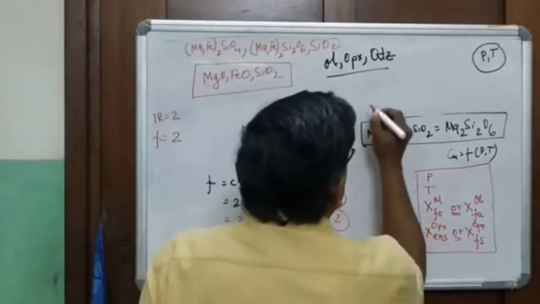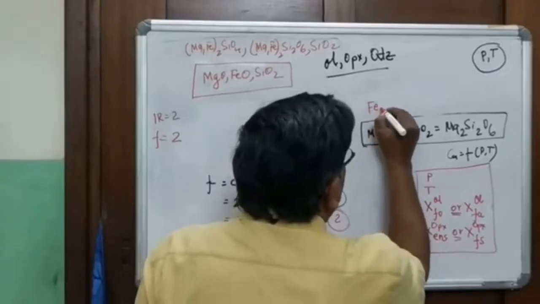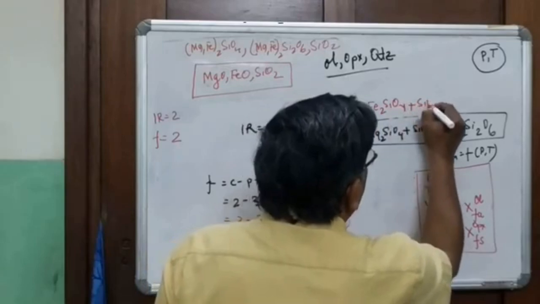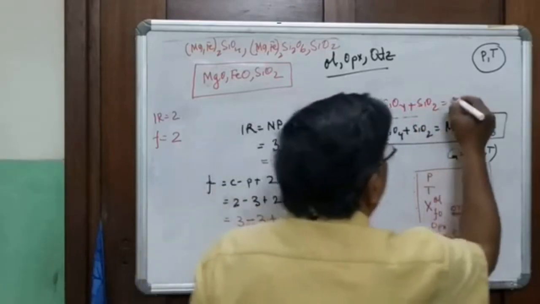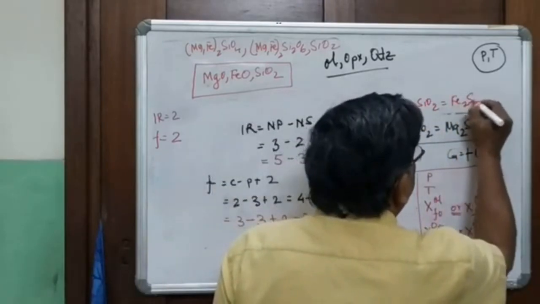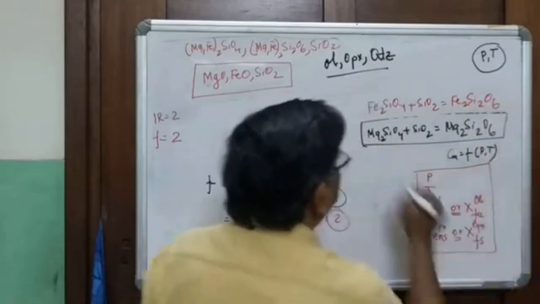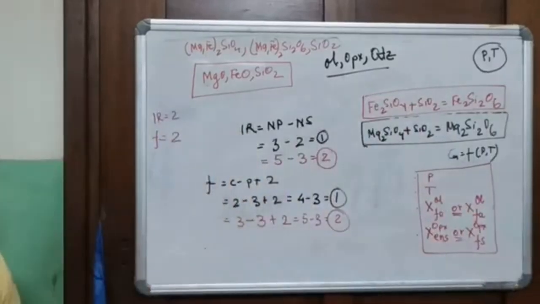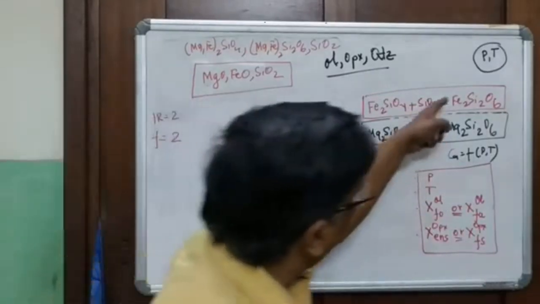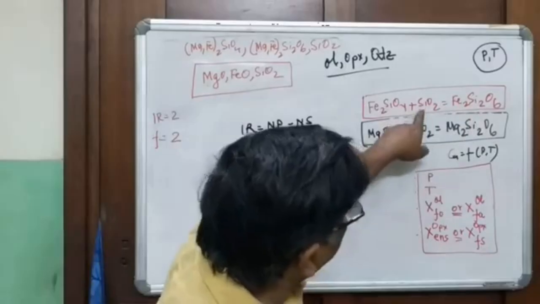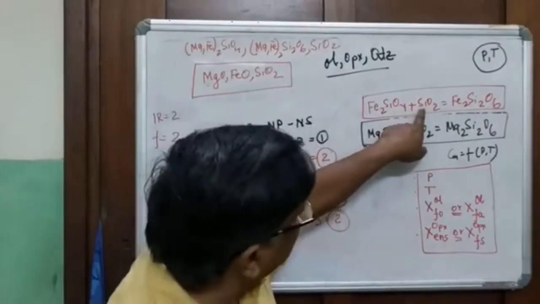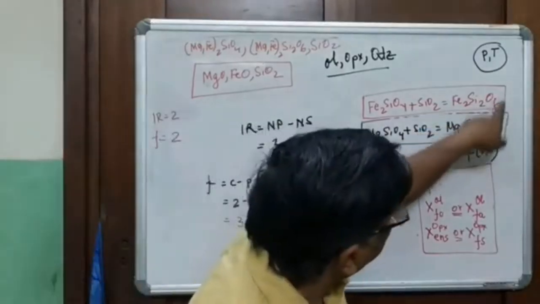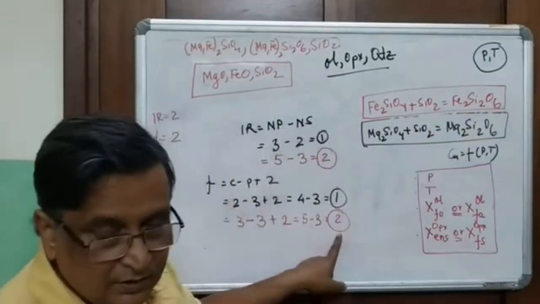You see, I can also write Fe2SiO4 plus SiO2 is equal to Fe2Si2O6. Now this is also an independent reaction. From this you can't derive this, or from this you can't derive this.